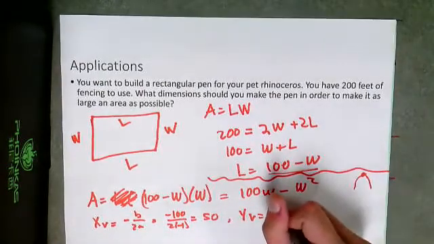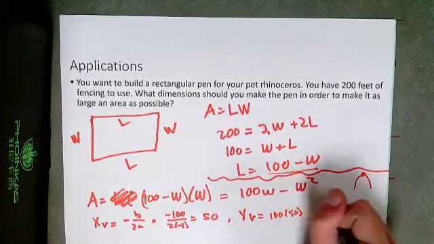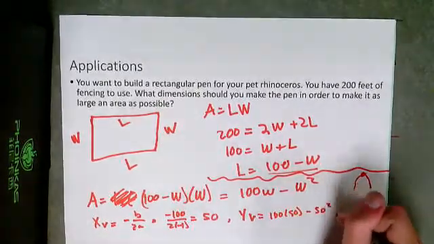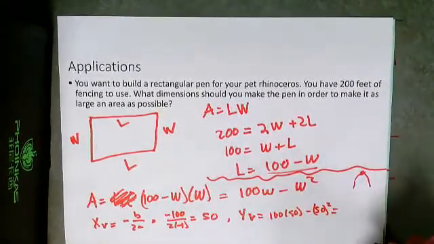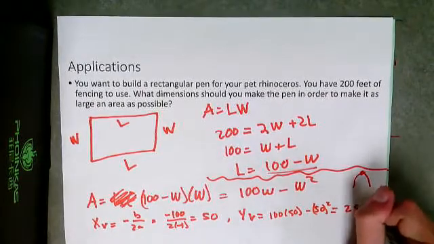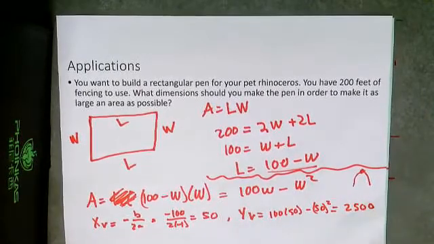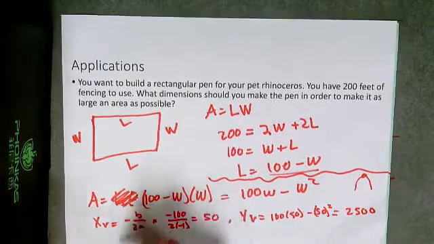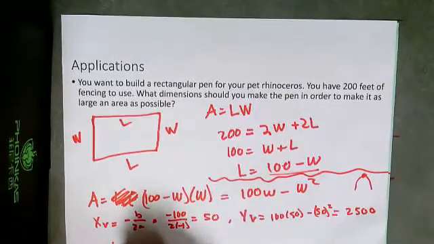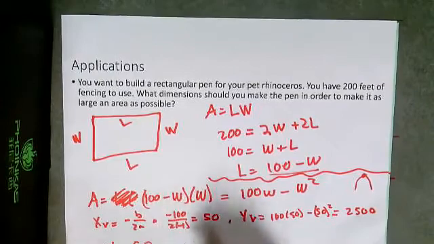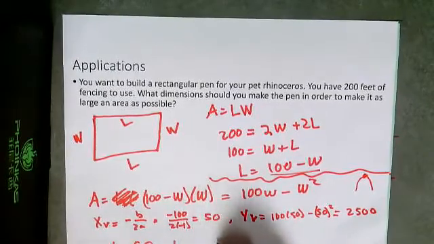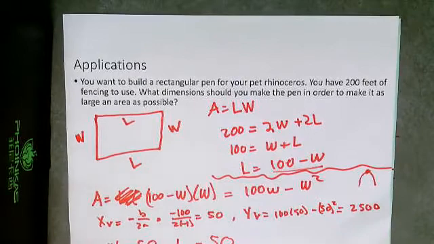It's going to be 100 times 50 minus 50 squared. Calculations, and you get 2,500. So what's really important is that the xv value is 50, and you get that w is equal to 50, and your length is equal to 50, right?